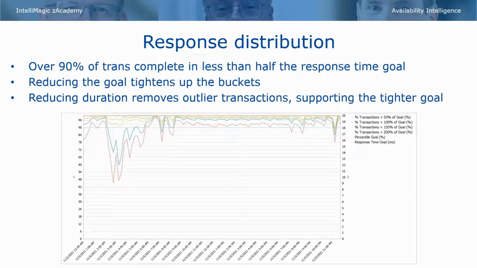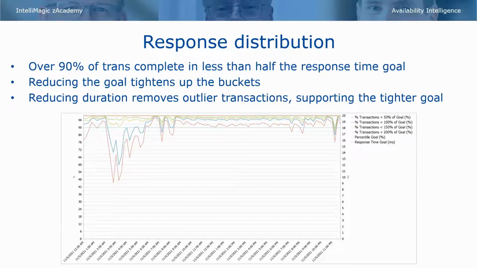Now, again, just briefly here, I'm watching the clock, not to diverge into a detailed Workload Manager discussion, but this further enforces the point about overachievement. With percentile goals specifically, Workload Manager distributes completed transactions across 14 buckets based on a percentage of the chosen response time. So there will always be 14 of them.